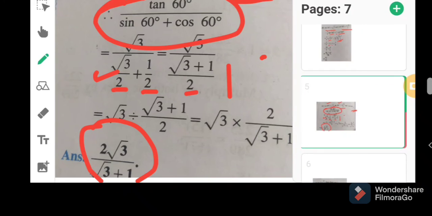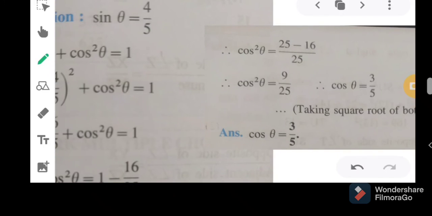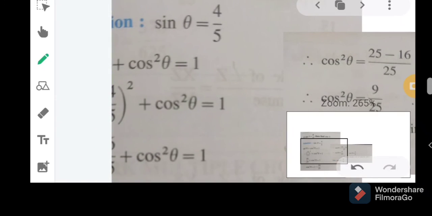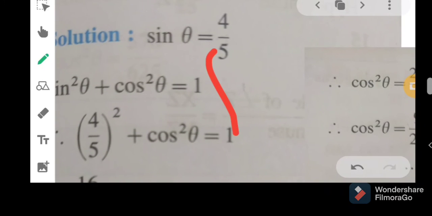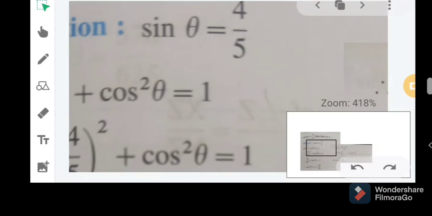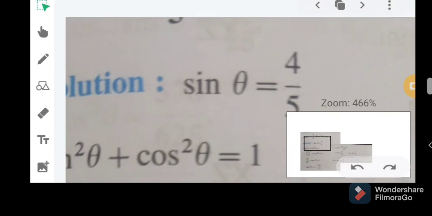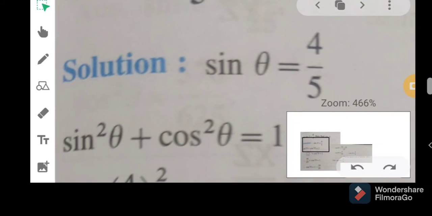Okay. Now take the next example. The example is: sin theta equals 4 by 5, then find cos theta.